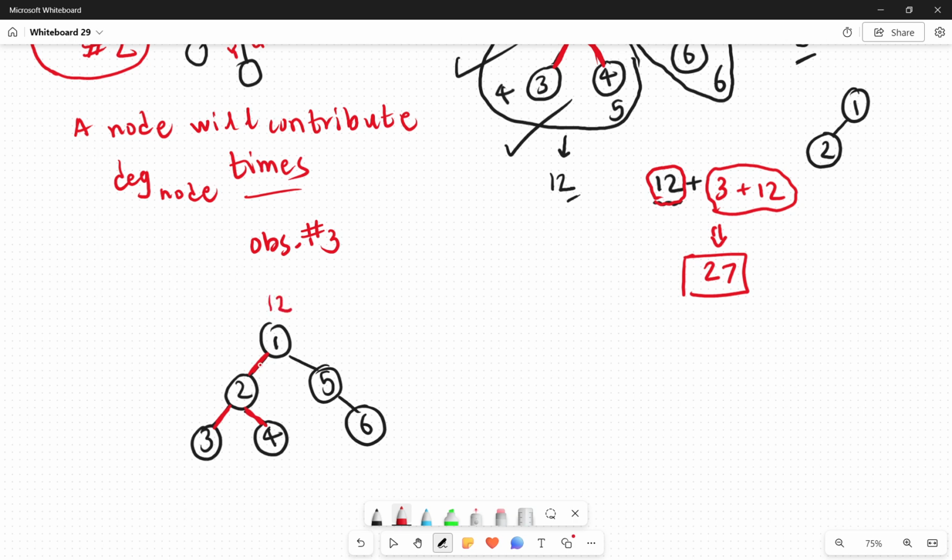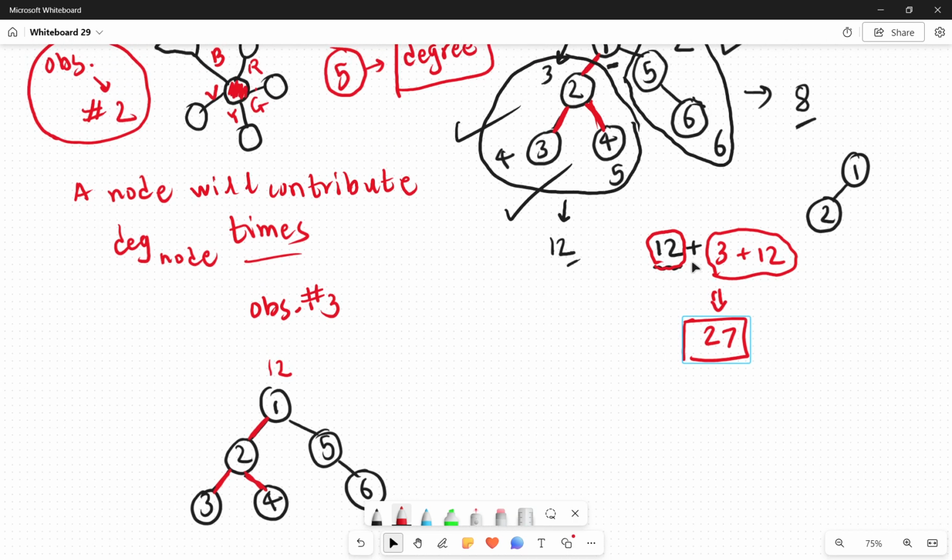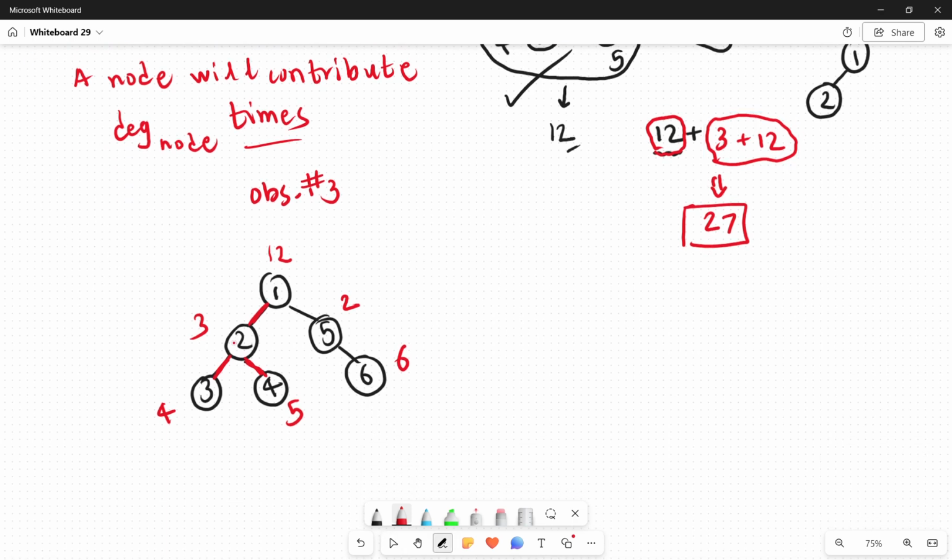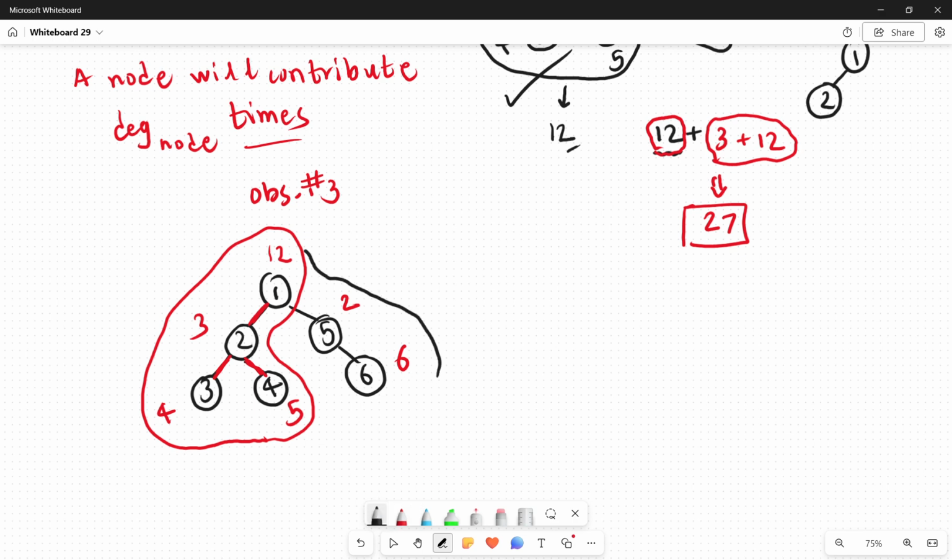So values were 12, 2, 3, 4, 5, and 6. If I color these three edges as red, then this thing forms a red component and this thing forms a black component. So basically the components will be splitting like this.